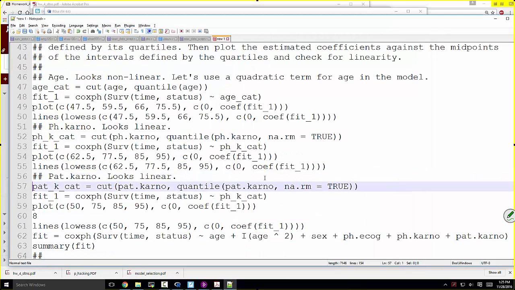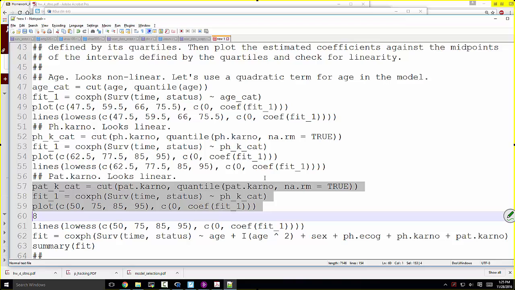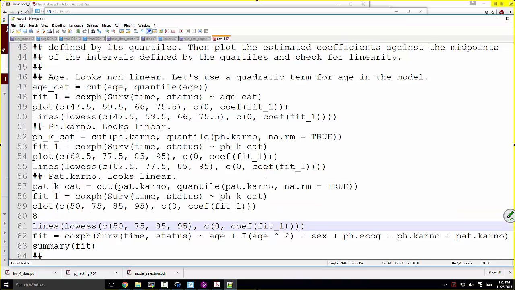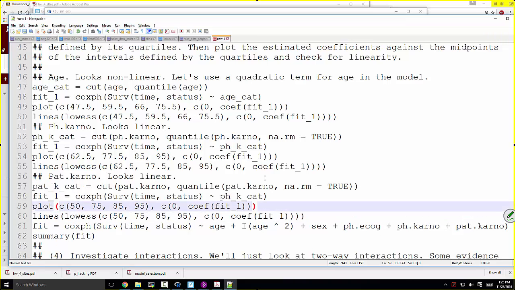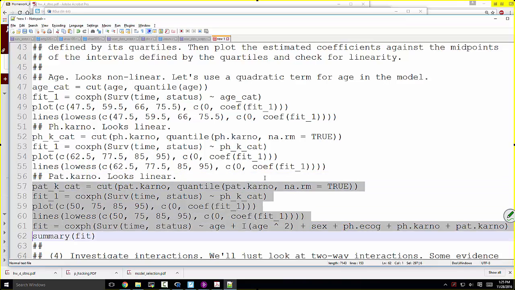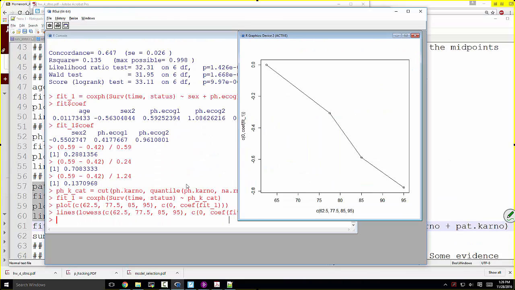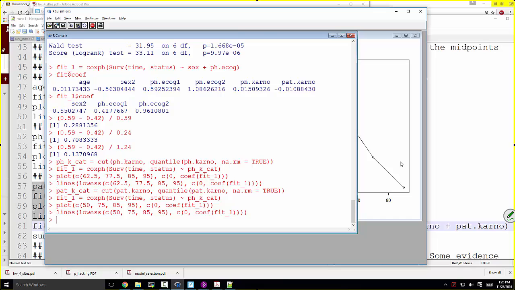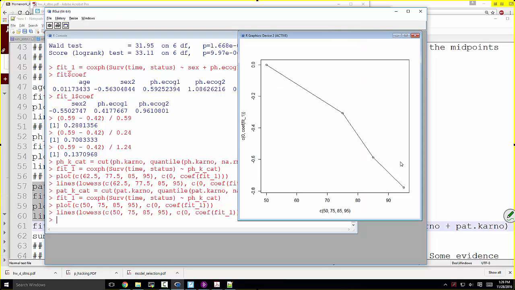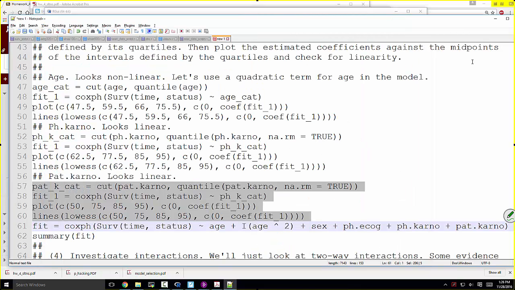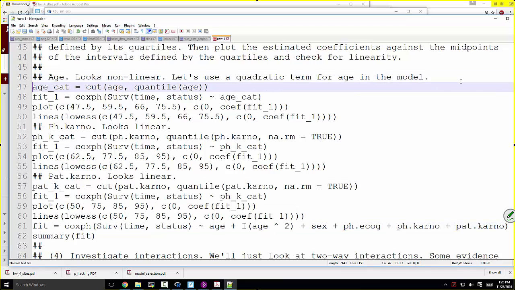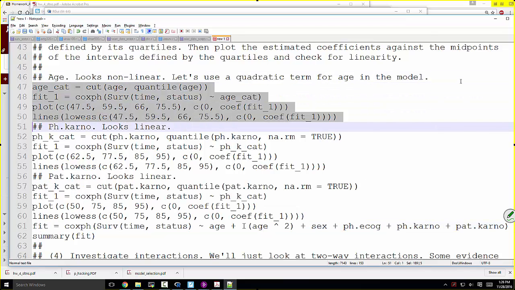Pat.carno looked pretty linear. Looks pretty linear. But age looked decisively not linear.